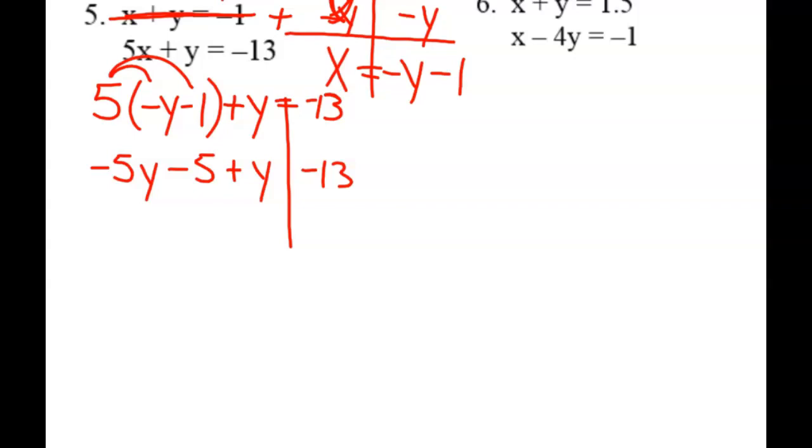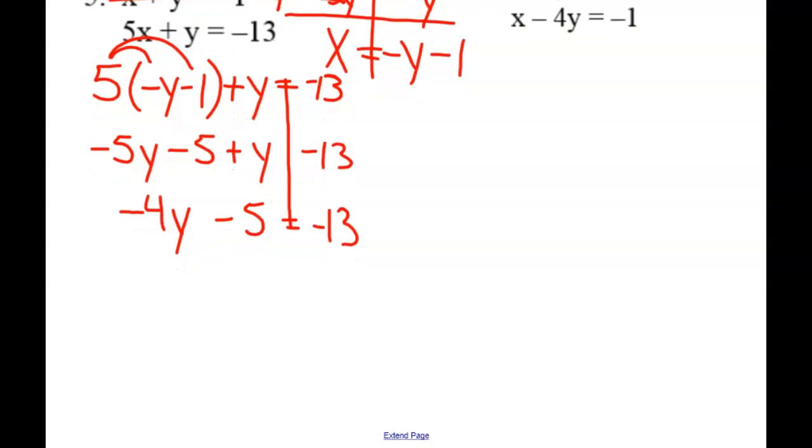So it's negative 5y plus y. If I have negative 5 things in my hand and I add 1 to it, how many things do I have left in my hand? Negative 4. So I have negative 4y. Have we done anything with my 5? No. Bring down our 5 equals negative 13. Fantastic.